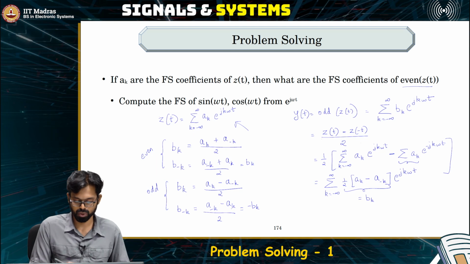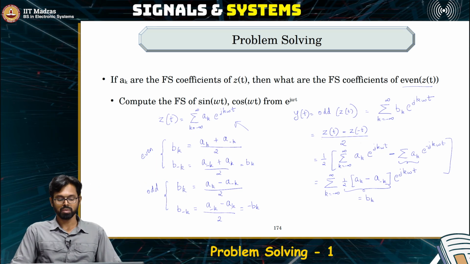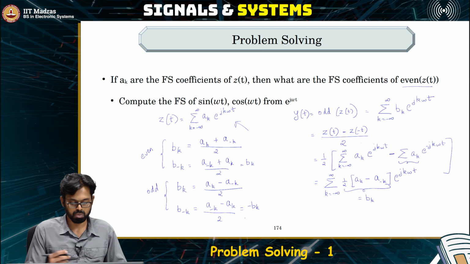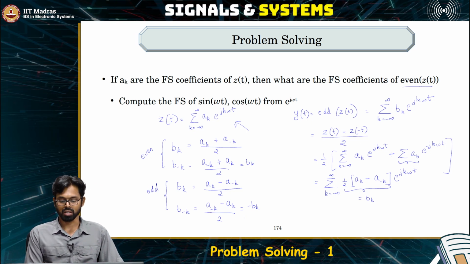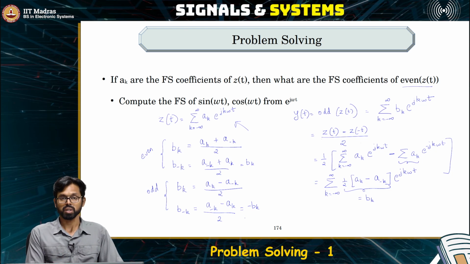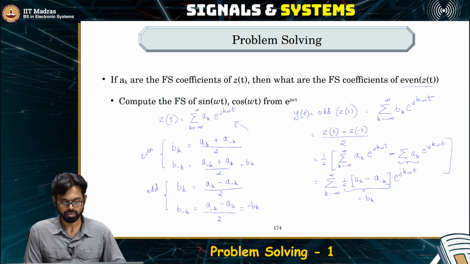Once again we get the Fourier series coefficients to be odd. So this satisfies the properties that we already had seen. This is a nice reinforcement that the properties that we studied are also correct.